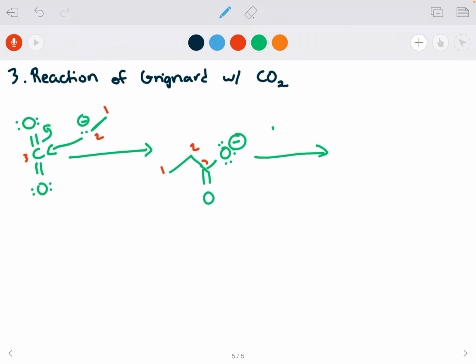So I add an acid to protonate, and boom, I've got my carboxylic acid. So that's actually a great way to form them. Only 2 steps. The difficulty is forming the Grignard. They're not the easiest reactants to make because of how reactive they are. But in terms of a simple mechanism, this is a great reaction.